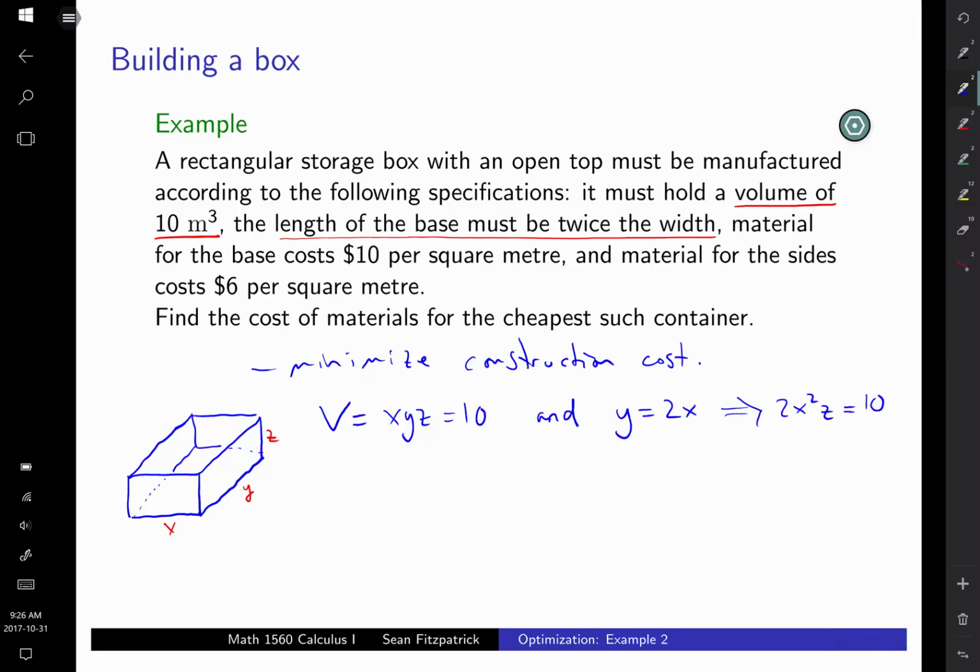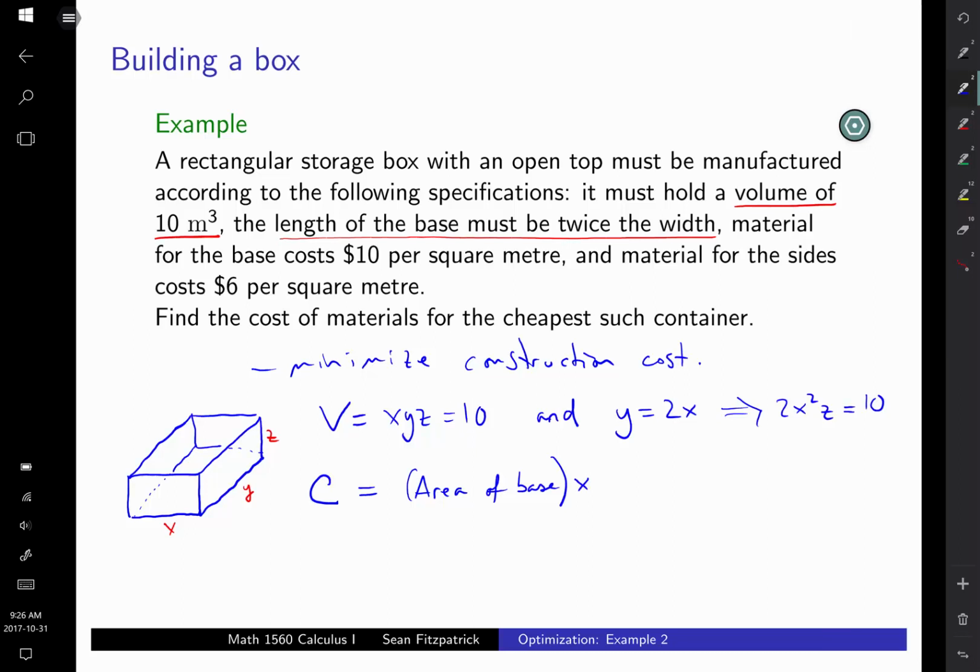Now, what's next? Next, we want the costs, right? So we got to do a little bit of work here to get our costs. So what is the cost? Well, the cost is going to be the area of the base, okay, times the cost of the material for the base, right?